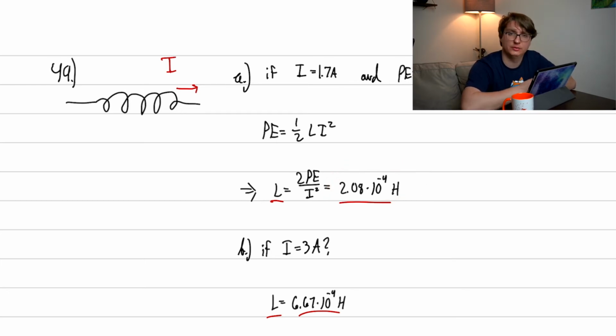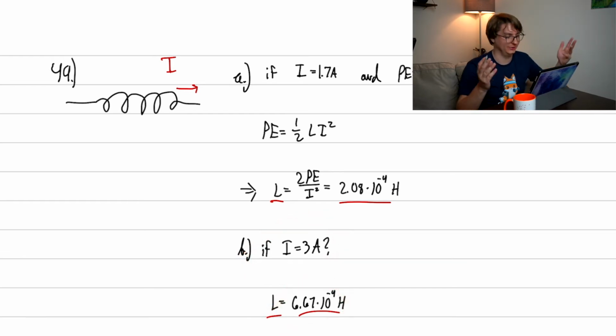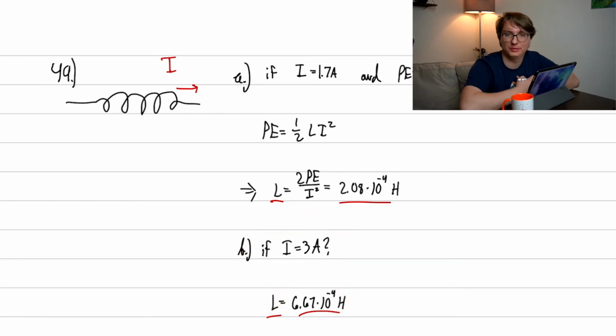So the SI unit for inductance is henries. It's just one of those things that people picked. I'm sure someone knows the name at some point. But okay. So the next question, what if it was 3 amps? Okay, you put it in the same equation. But at this point, this problem is just to highlight that inductors store potential energy. Maybe that comes up, maybe it's important at some point.